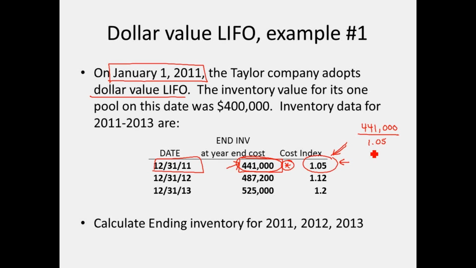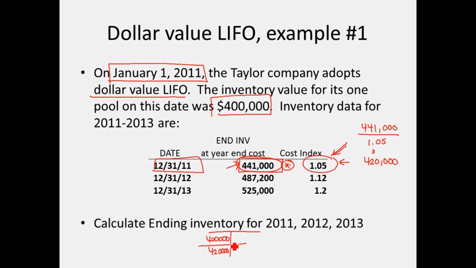Yes? Okay. So, if I started the year with 400,000 in inventory, okay, and I ended the year with 420, let's just hypothetically, what would you tell me must have happened?